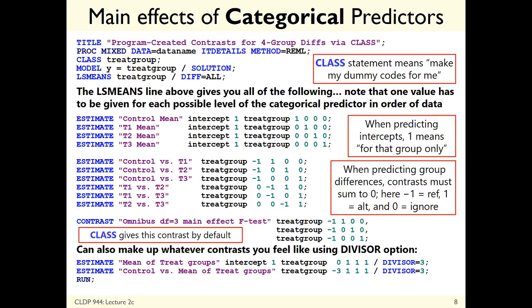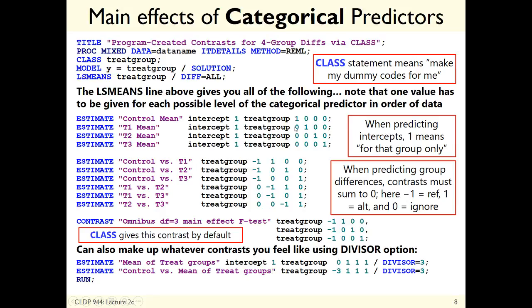It still sums to 0, and then the divisor equals 3 renders those back into the -1 + 1 pattern. So the p-value that you would get out is control versus the average of the treatments. And you can ask for any kind of combination like that.